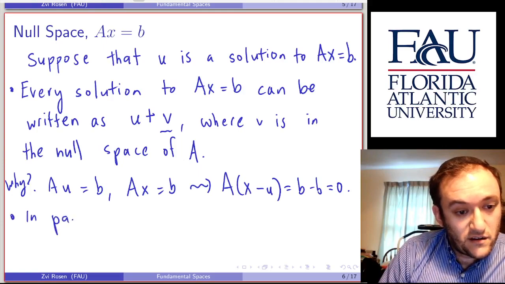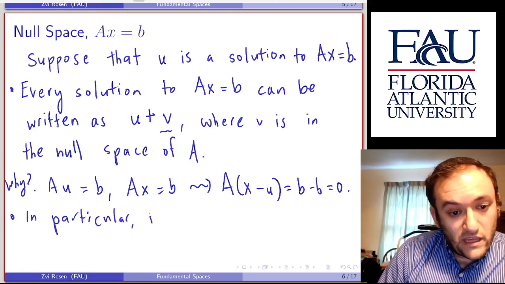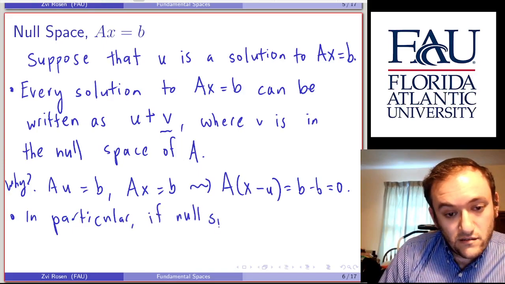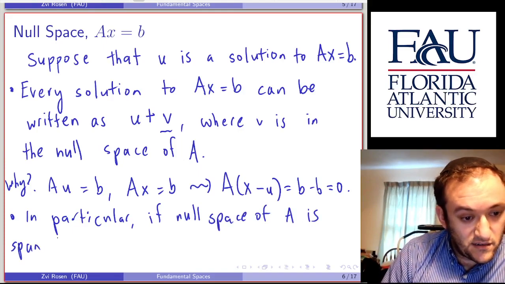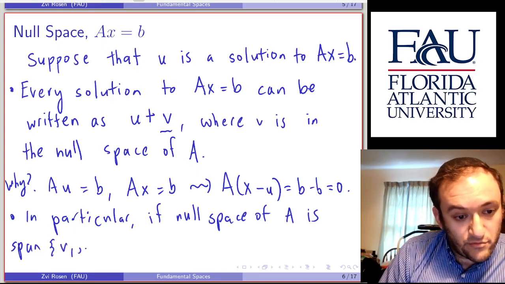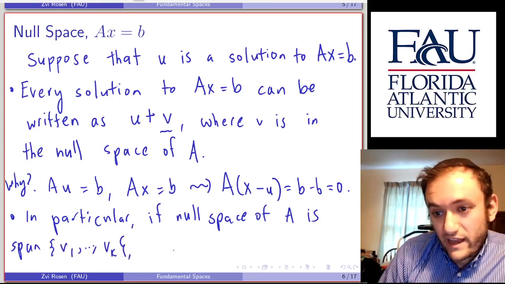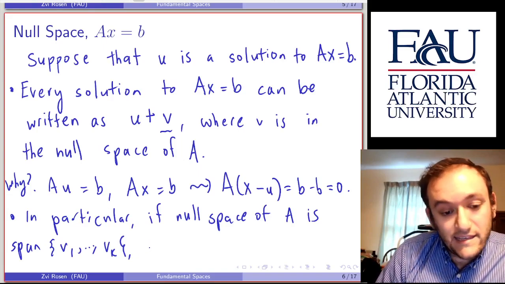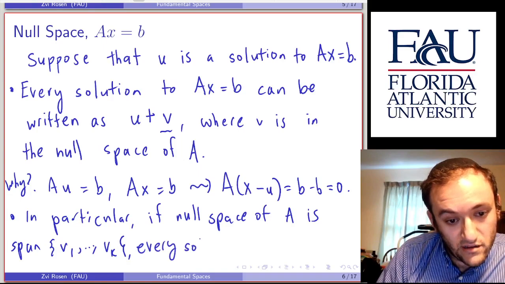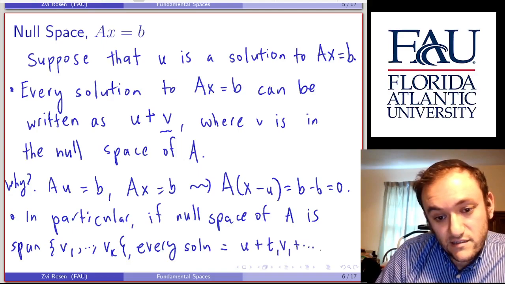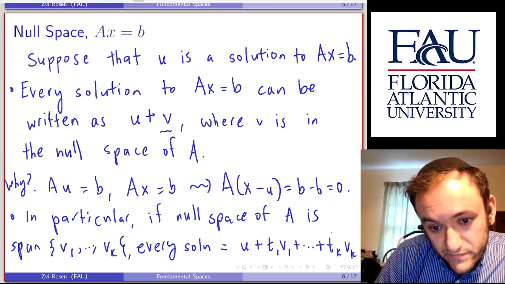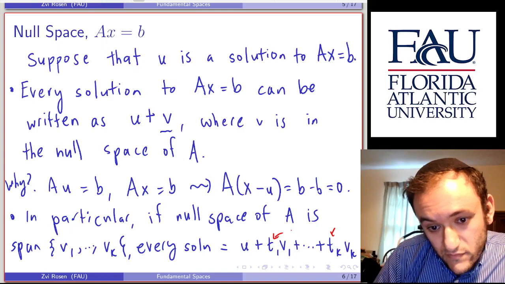So in particular, if the null space of A is the span of some basis V1 through Vk, then you can write every solution uniquely as U plus T1 V1 plus up to Tk Vk, where these T's are real numbers.